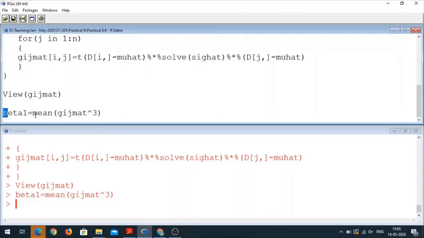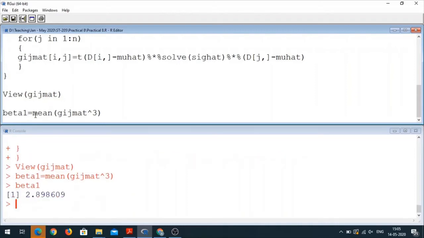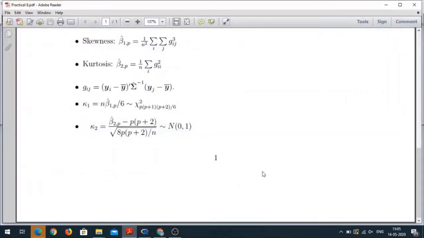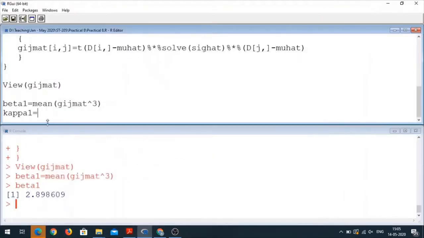Okay, so I'll get some value of beta 1. Okay, let it be. Then kappa 1 is n beta 1 by 6. Okay, so kappa 1 is n into beta 1 divided by 6. And let us print kappa 1.